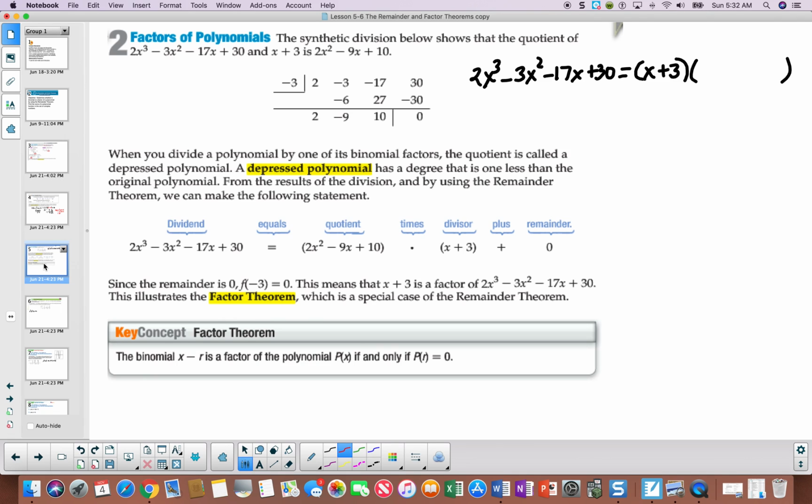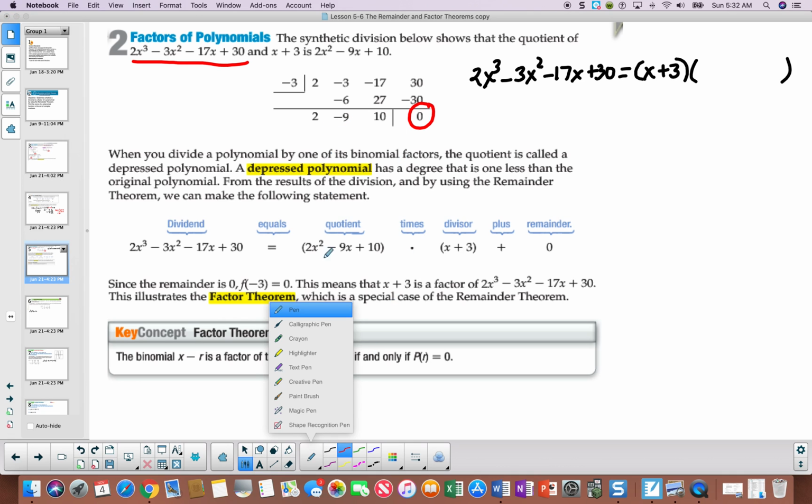All right, let's take a look at one of the most interesting remainders, and that is the remainder 0. I am going to divide by x + 3 using synthetic division, and notice that we're getting a 0 as our remainder, which means it goes in evenly. So what this is telling me is that this cubic right here, the x + 3 went into it evenly, and so now I'm going to translate this.